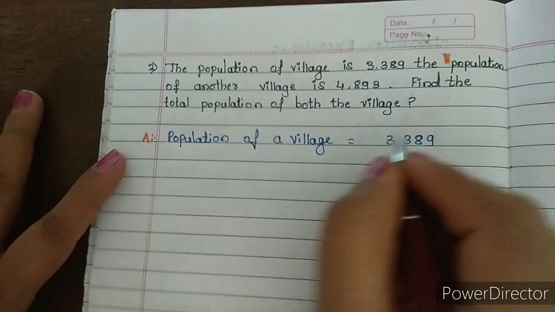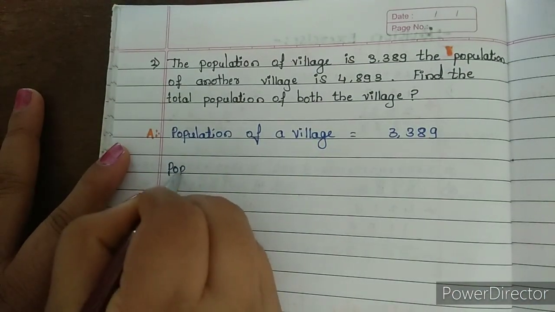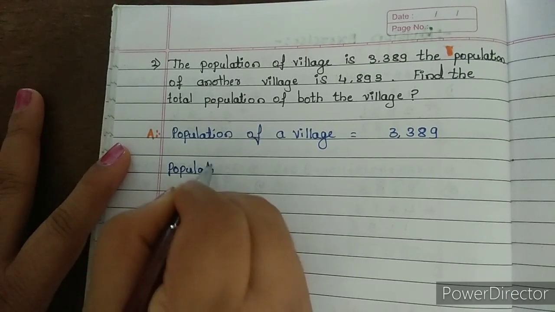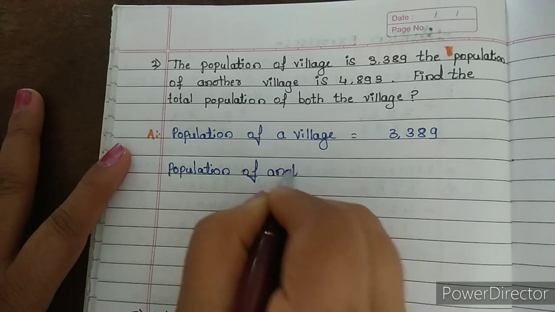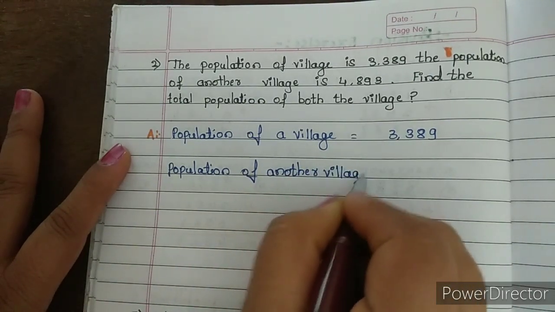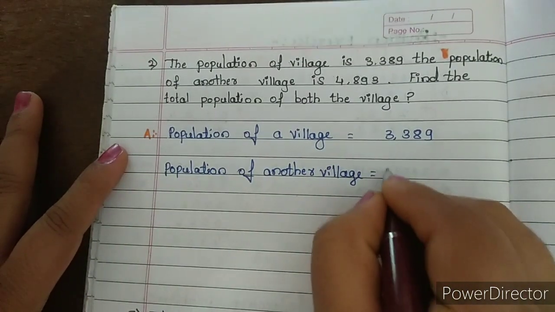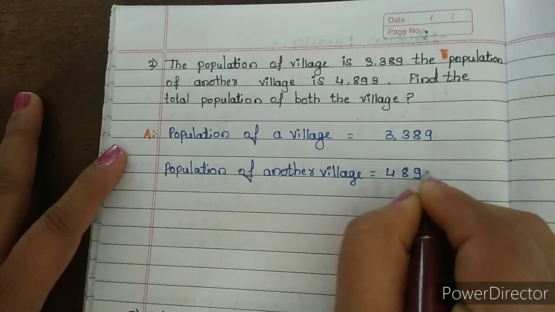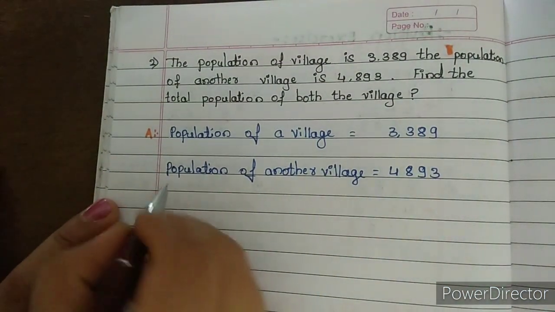Next. Population of another village is how much is given? 4,893. Then therefore total population of both villages.